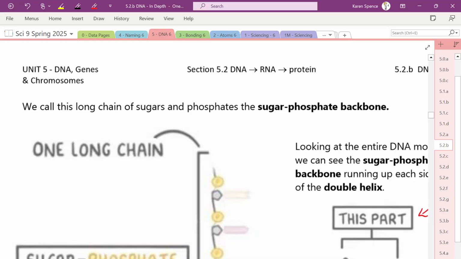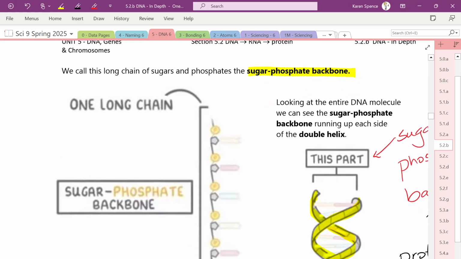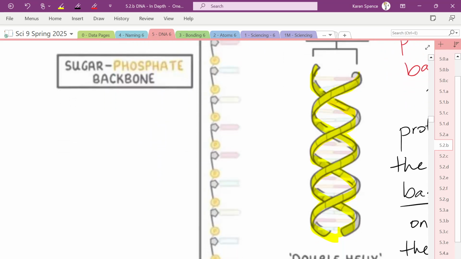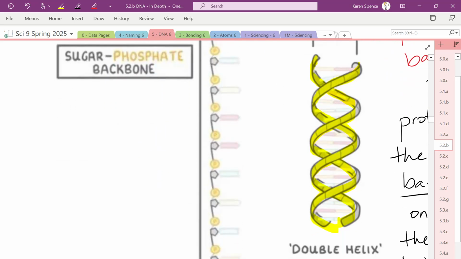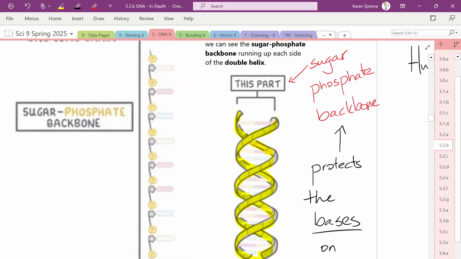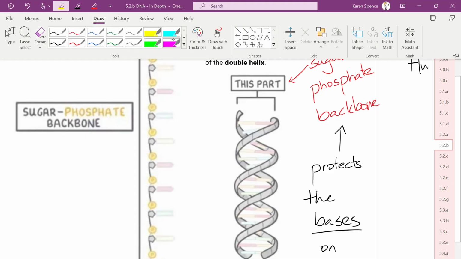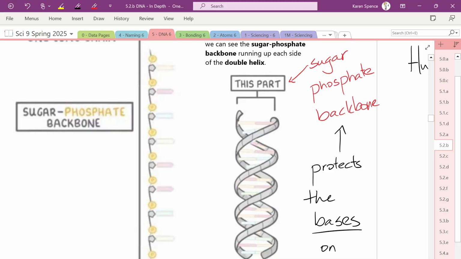The long chains of sugars and phosphates are called the sugar-phosphate backbone. We're now on our next page. One long chain, sugar-phosphate backbone, down, down, down. And if we wanted to highlight the sugar-phosphate backbone on the actual, what do we call this shape here?